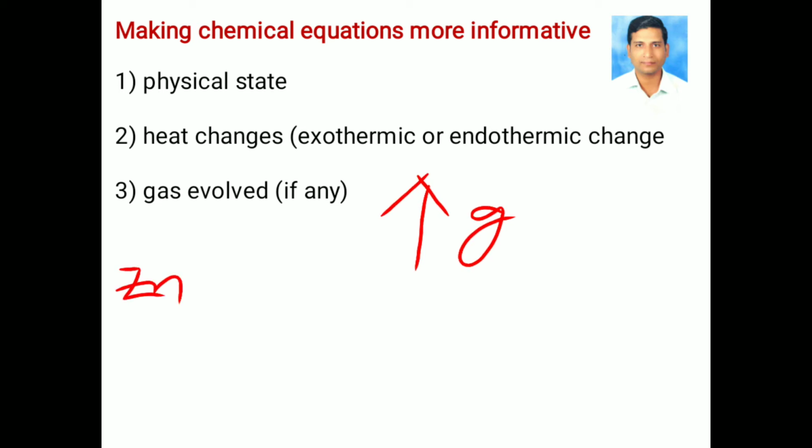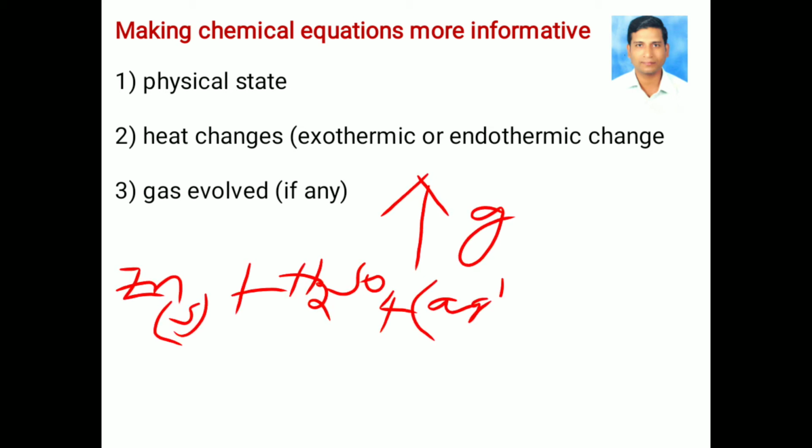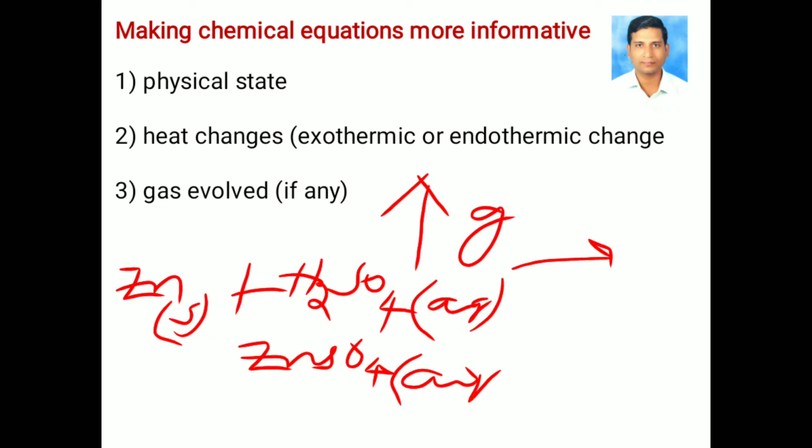Zinc, in solid state, plus H2SO4 sulfuric acid, in aqueous solution, gives rise to zinc sulfate, also an aqueous solution, plus hydrogen gas is evolved. So we may represent the evolution of hydrogen gas by an up arrow, or you may write small g.